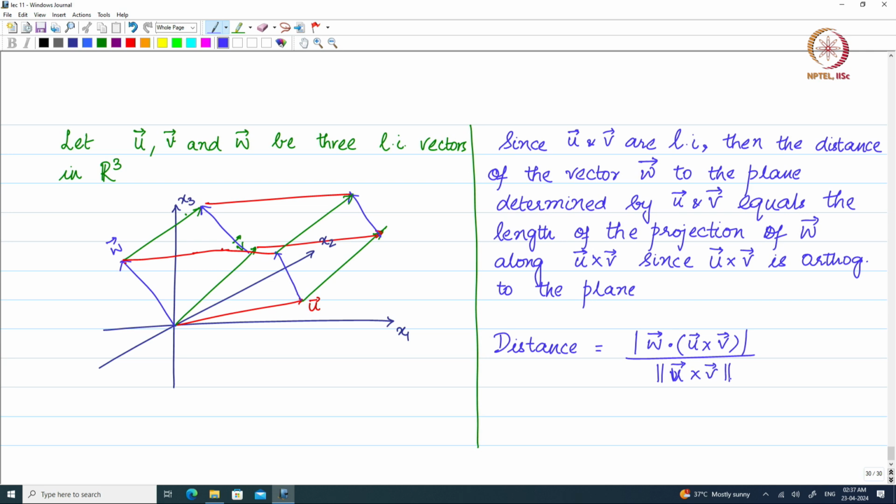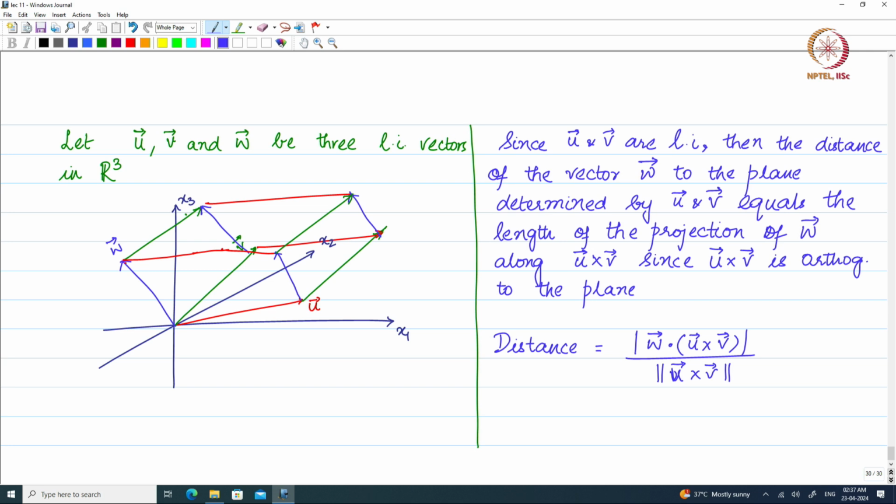This is something which we did in the previous lectures. We have seen that the distance from a point to the plane passing through the origin and orthogonal to a vector is defined this way.